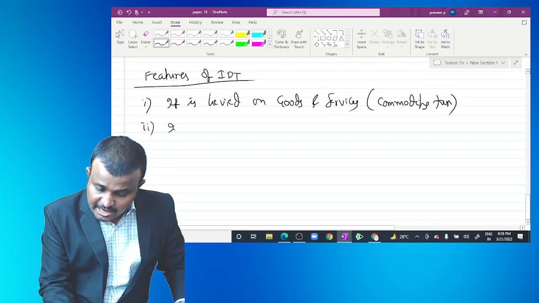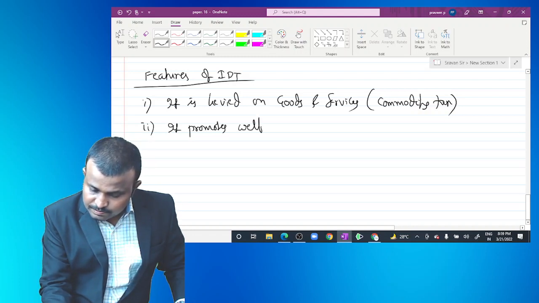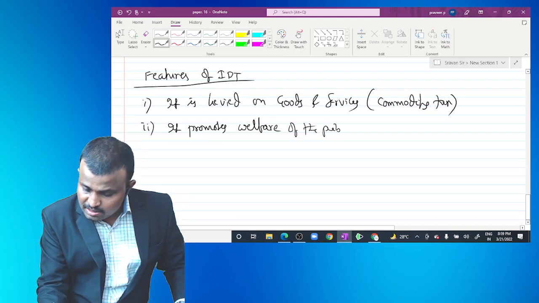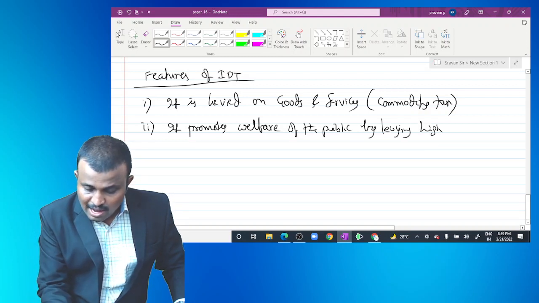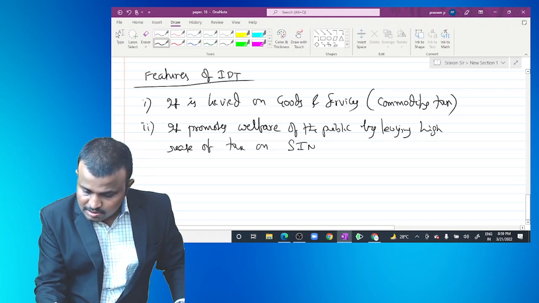Another one is it promotes the welfare of the public by levying high rate of tax on sin products.